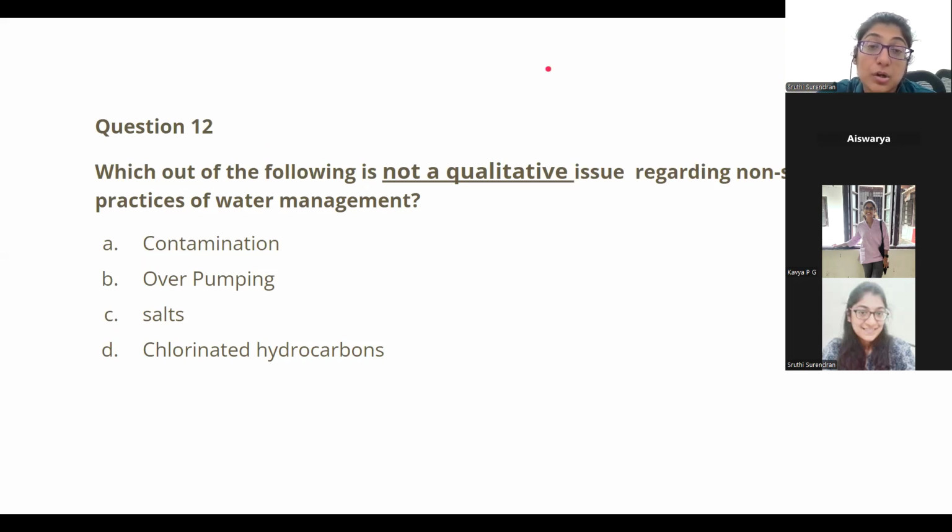Question asks is not a qualitative. Okay. So again, contamination impacts the quality. Chlorinated hydrocarbons impact quality. Salts also impacts quality. Overpumping is a quantitative issue. So the correct answer will be option B, overpumping.